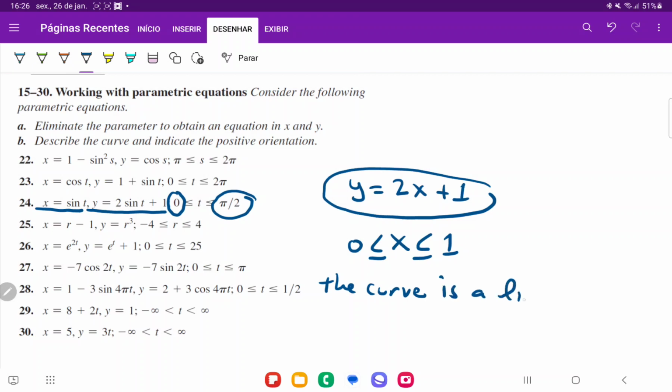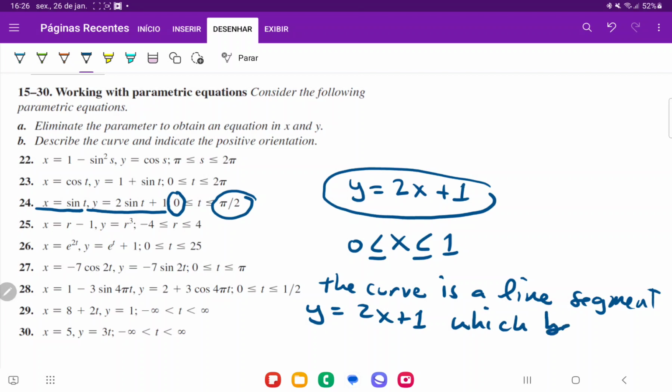So we're going to say the curve is a line segment described by y is equal to 2x plus 1, which begins at x is equal to 0, and so if we plug in 0 in the curve, y is equal to 2 times 0 plus 1, which is equal to 1, right?